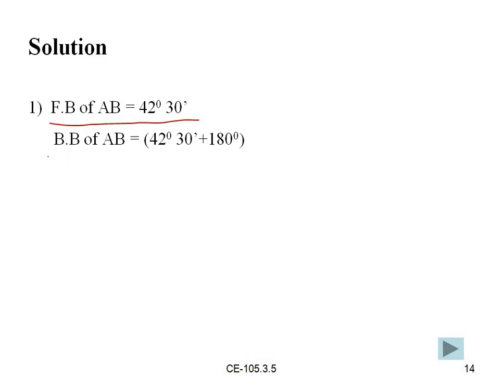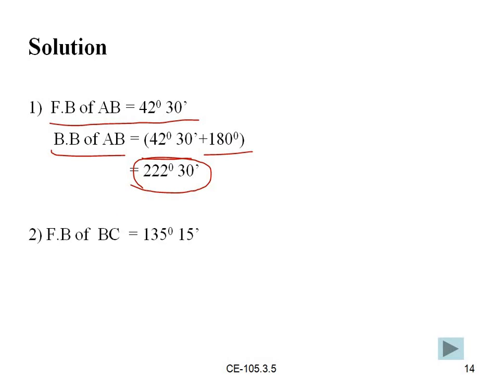To get the back bearing of AB, what we have to do: it is less than 180 degrees, so 42 degrees 30 minutes plus 180 degrees, we will get the back bearing of AB as 222 degrees 30 minutes. And if you see the forward bearing of BC, that is 135 degrees 15 minutes given.